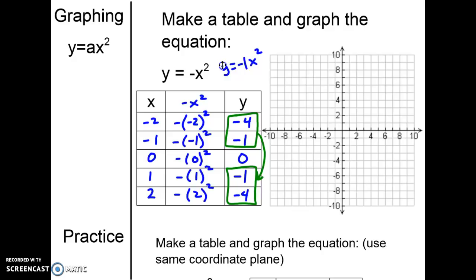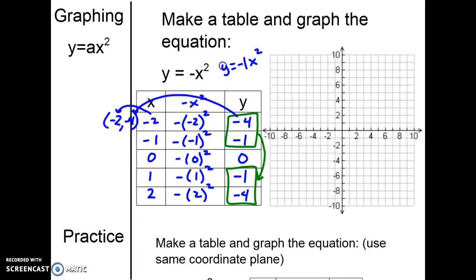So we're going to plot these points. We have our x's and our y's, which are ordered pairs. Technically this is the point -2, -4. We have 5 points to plot, and that will give us the shape of our parabola.